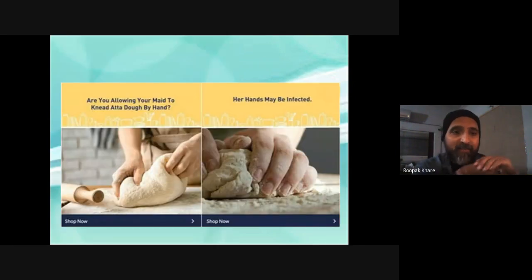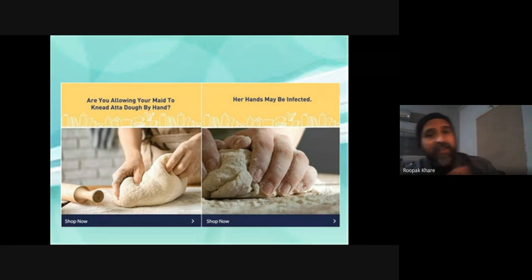Now look at this advertisement. "Are you allowing your maid to knead atta dough by your hand?" In this picture, the maid is kneading the dough, right? Her hands may be infected. So in the second picture, they show closely, and her nails are being shown.